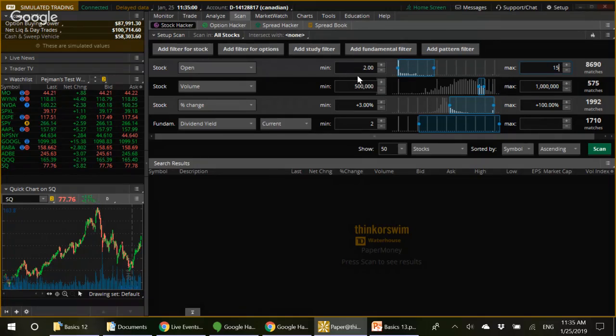So I'll pick, given my money, which is 87 grand, stocks between $2 and $15. I want to make sure I deal with stocks that have high volume, anything between 500,000 to a million trades placed since this morning, because those popular stocks are traded heavily, and they usually explode in a matter of seconds because folks are trading them avidly, waiting for the right moment to get in.